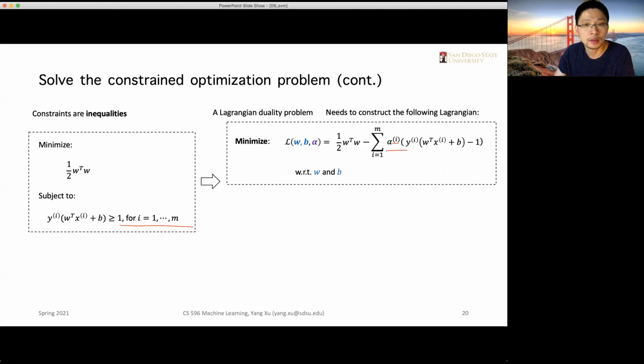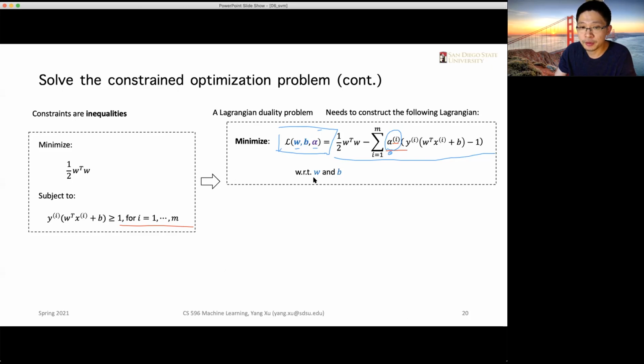And in this way, we have created the Lagrangian. This Lagrangian introduced this additional variable, which is alpha i. So we can put W and B and alpha to describe this Lagrangian. This Lagrangian is no longer just with respect to W and B, but also alpha. But the directions of optimization are different.